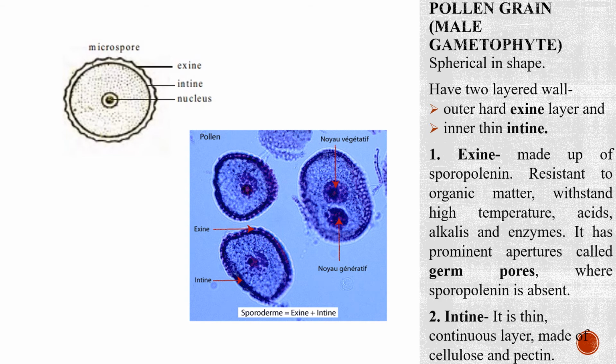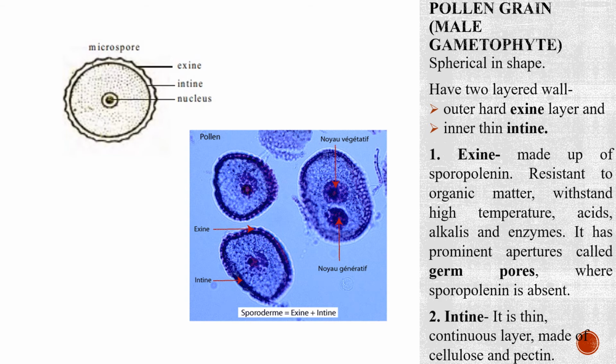Sporopollenin may be absent in some regions, and those regions are called germ pores. It is through this germ pore that the pollen tube emerges when the pollen grains germinate on the stigma.